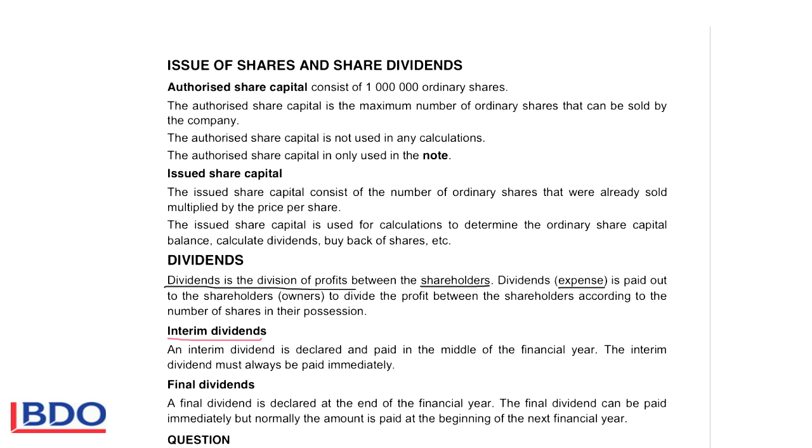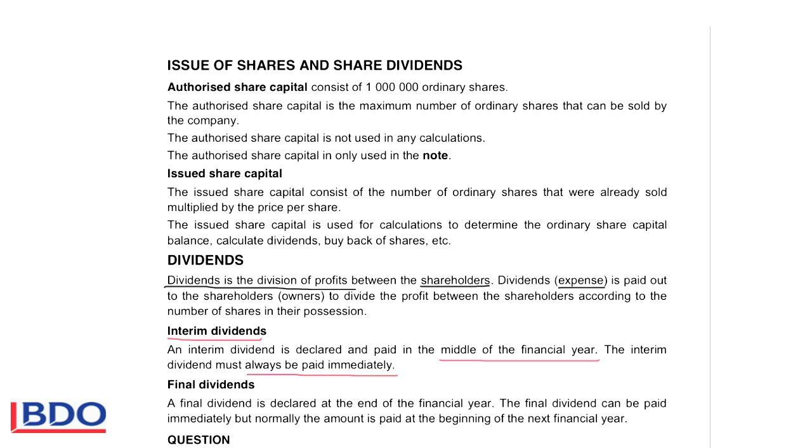So dividends is declared twice a year so that shareholders can receive money twice a year. The interim dividend is declared and paid in the middle of the year. The whole purpose of this is that the people must get money immediately, so the interim dividend must always be paid immediately. You can never owe the money for interim dividend. It is always paid immediately.